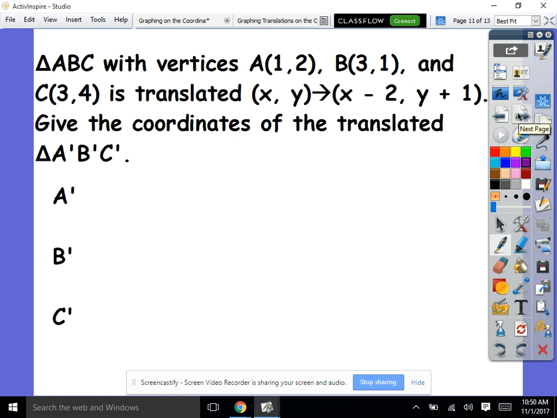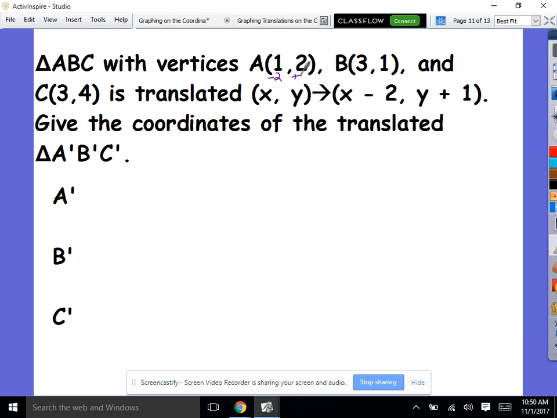So let's try some without graphs. We have triangle ABC with vertices A(1, 2), B(3, 1), and C(3, 4). It's translated by x minus 2, y plus 1. Give the coordinates of the translated triangle, A prime, B prime, C prime. I always like to write what I'm adding: for x, I'm adding a negative 2, and for y, I'm adding a 1.